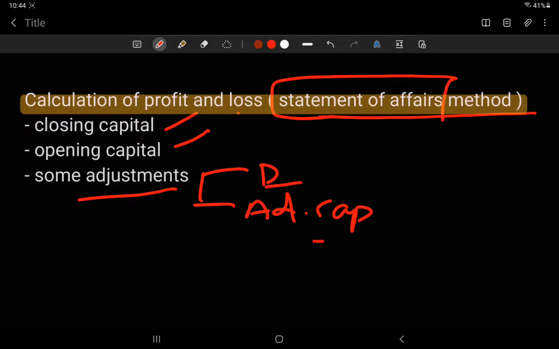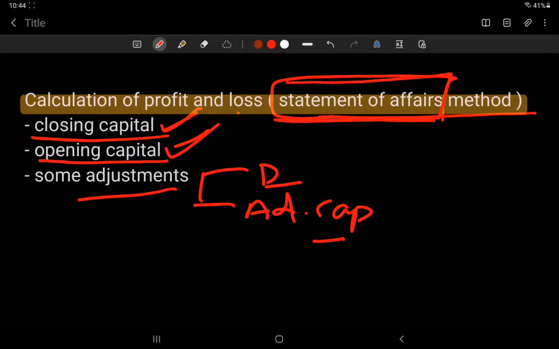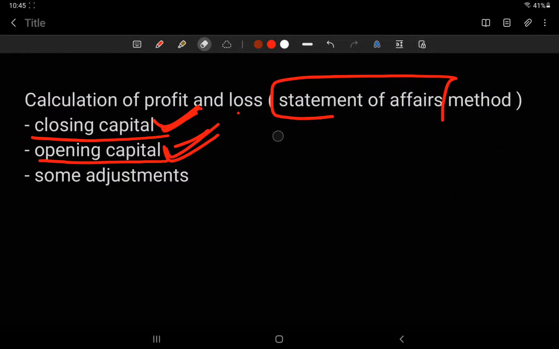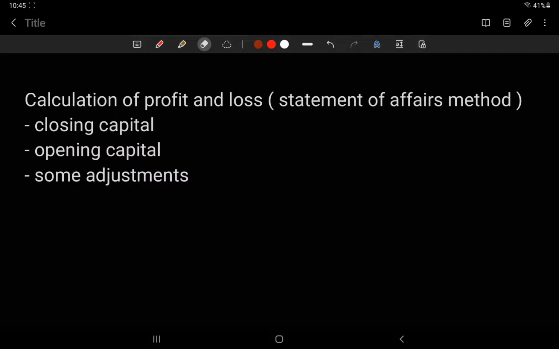We know drawings and additional capital will be given separately, but how can we calculate closing capital and opening capital, that is the point. A statement of affairs is a statement which helps to find out closing capital and opening capital. So using the statement of affairs we will find out the closing capital value and the opening capital value.